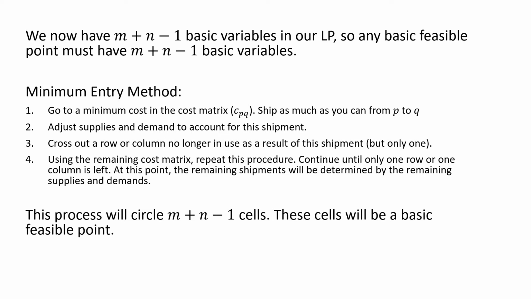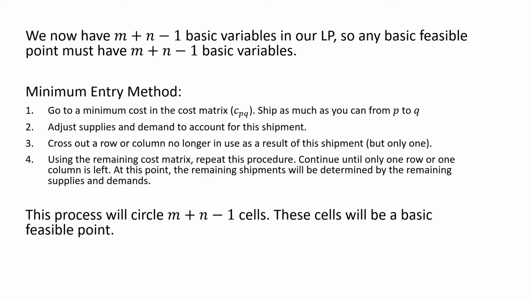Remember when we build our linear programs and we build our tableau, what do we get? We add in one unique variable in each. That's your basic variables. What that means is that for this problem, we can do it with m plus n minus 1 basic variables.